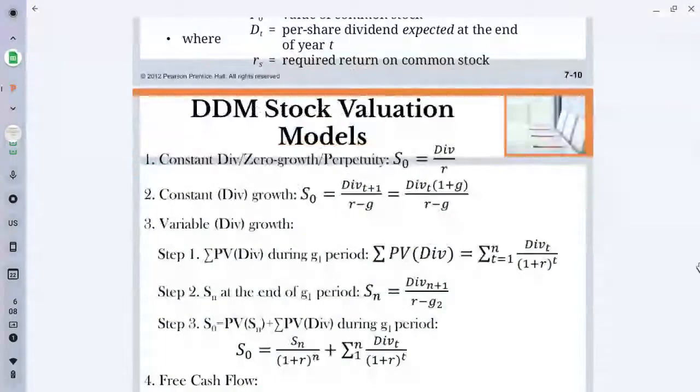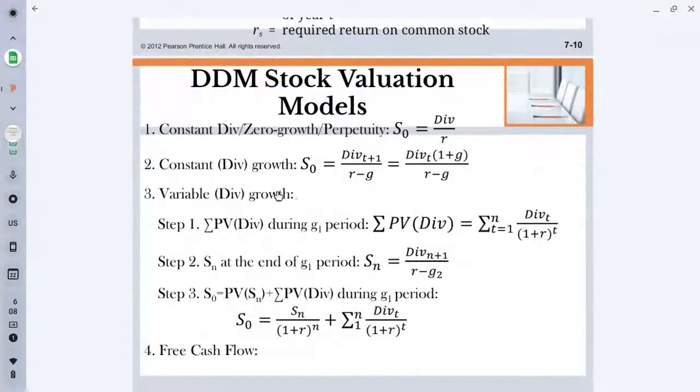Okay, so we talked about this last time. There are 4 different stock valuation models, and they are all called dividend discount models. So basically, they're all discounted cash flow models.